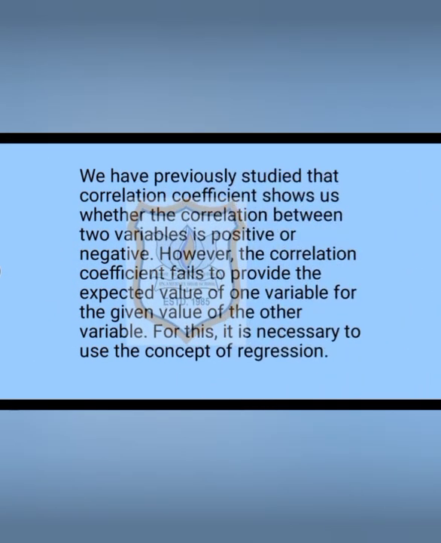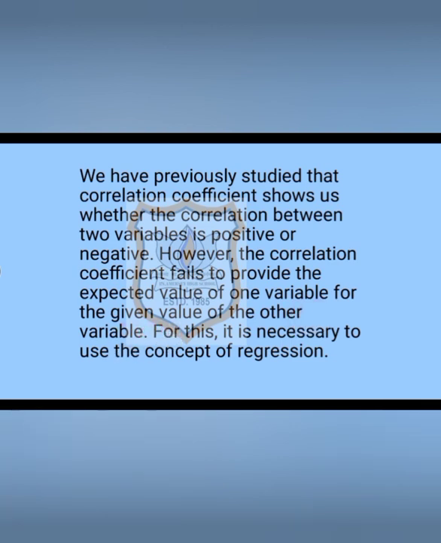In the previous chapter of linear correlation, we found the correlation between the two variables, and we were able to find whether the correlation is positive or negative. But the correlation fails to provide the expected value of one variable for the given value of the other variable.